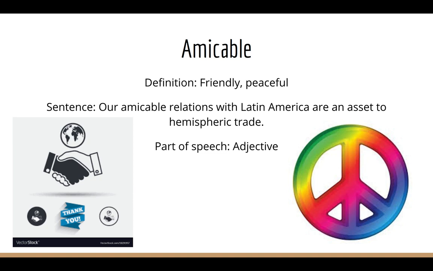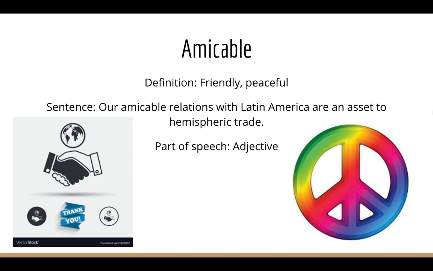Well, that's me. You're friendly and peaceful. All right, so I'll use that. And in the picture, there's shaking hands. What is this symbol? That looks like an inverted Mercedes symbol to me. It's not an inverted Mercedes symbol. It's a peace sign. Okay. Yes, peace.